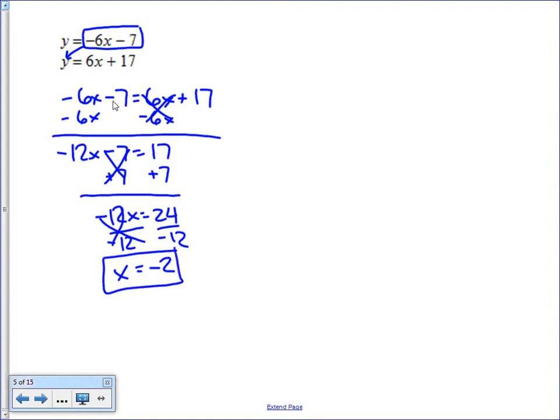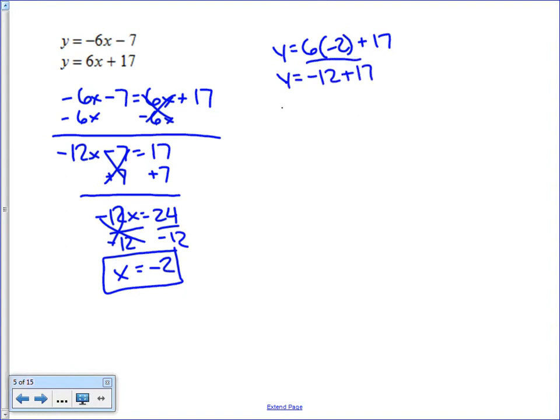So that is my x value. I need to plug it in for one of the equations. Again, it doesn't matter which one you choose. Looks like the bottom one might be easier. So we get y equals 6 times negative 2 plus 17, or y equals negative 12 plus 17, multiplying those together.